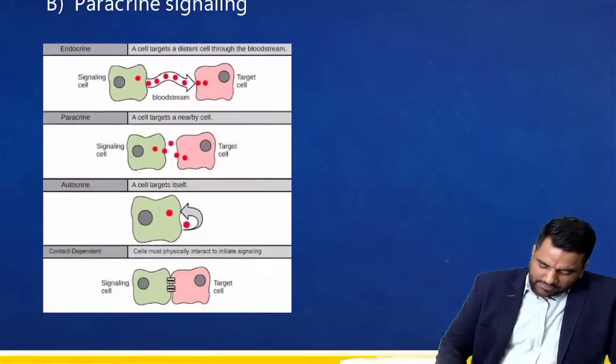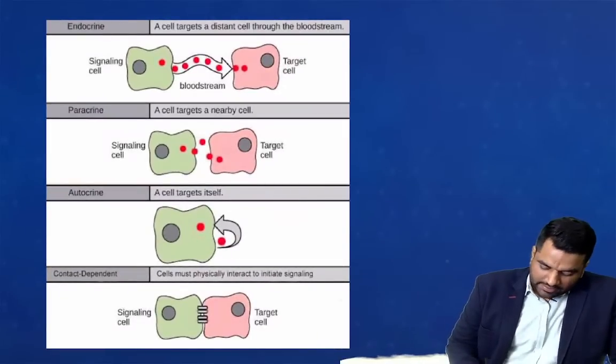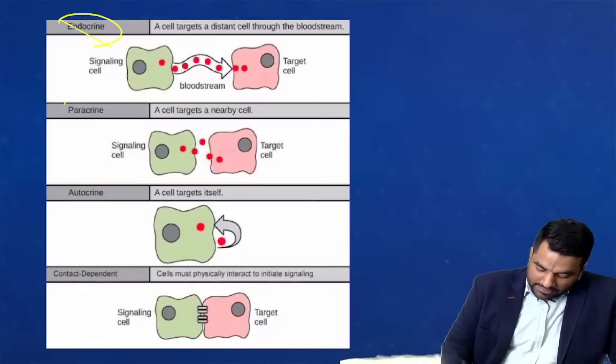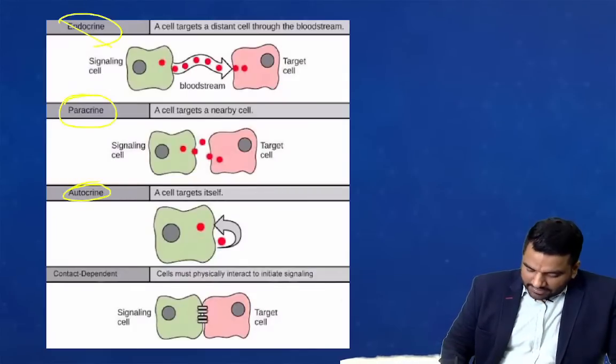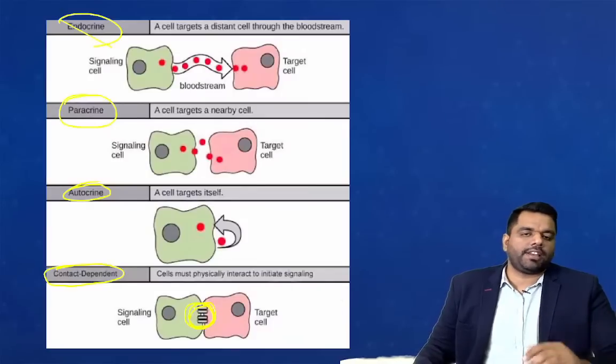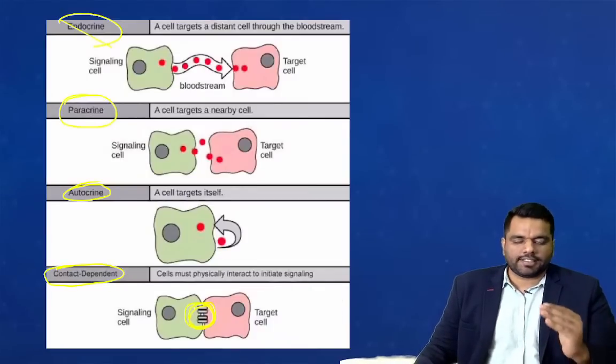So these are the different types of cell signaling. This is your endocrine cell signaling. Then this is your paracrine cell signaling. This is your autocrine cell signaling, and this is contact-dependent signaling through the gap junction. If a cell targets a nearby cell without any contact, we call this paracrine signaling.